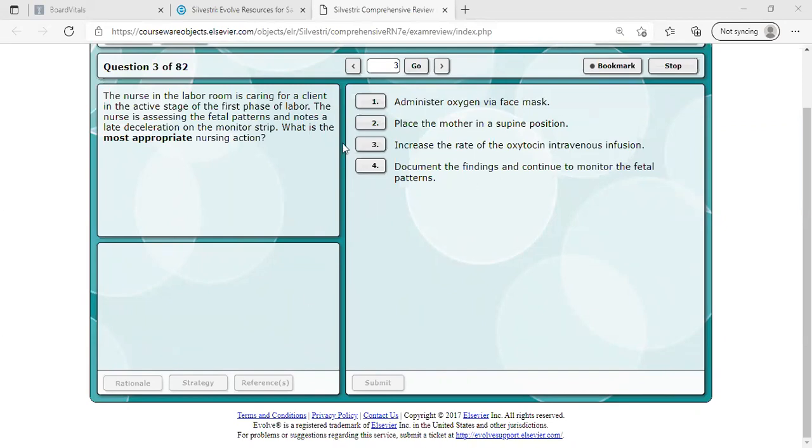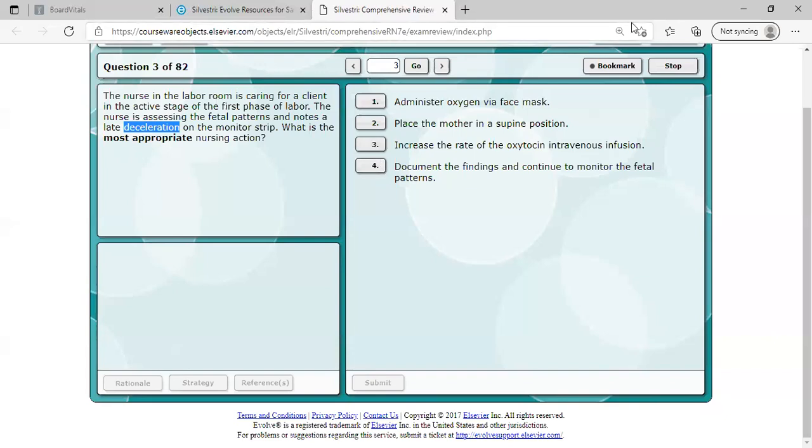Before answering this question, I have to know what a deceleration is. If you understand the deceleration, then you can answer these questions.